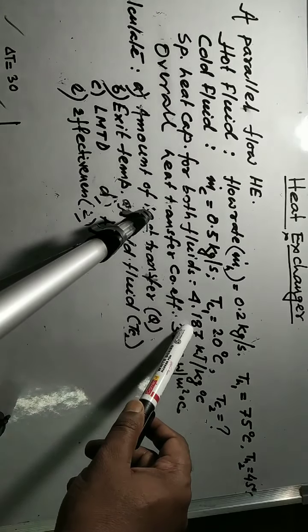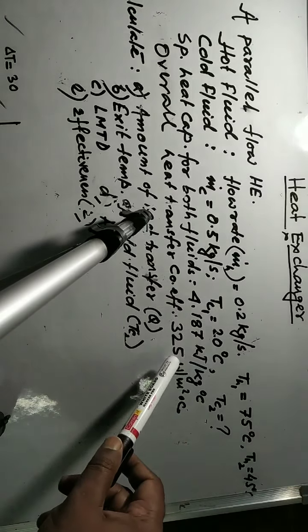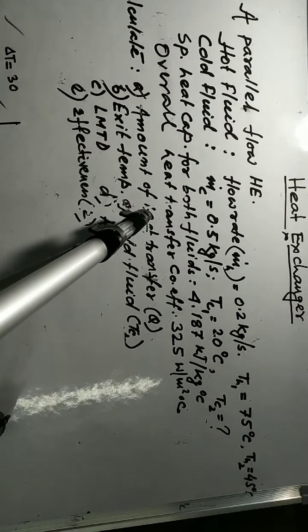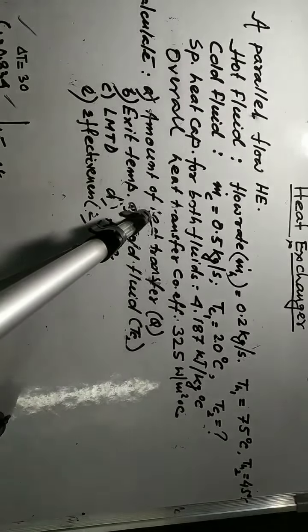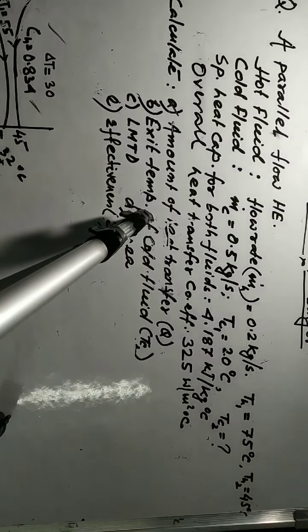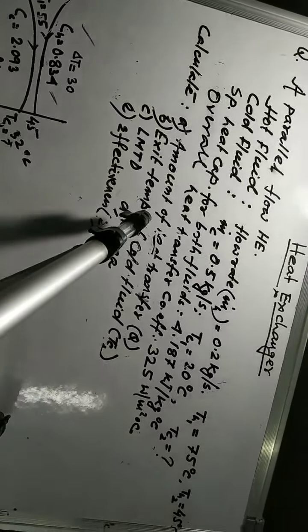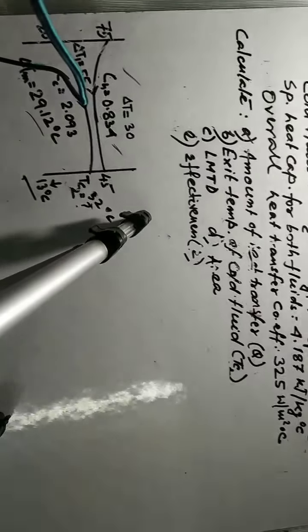Specific heat capacity for both fluids is the same, 4.187, and overall heat transfer coefficient 325 is given. So we can calculate the amount of heat transfer, the exit temperature of the fluid which is not given, then LMTD, we can calculate the area and the effectiveness of the heat exchanger. Let us try one by one.